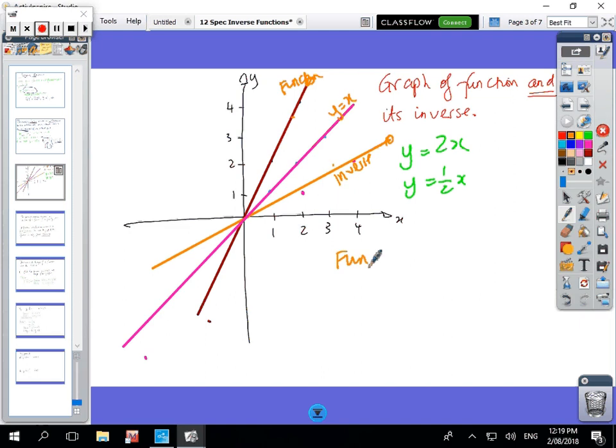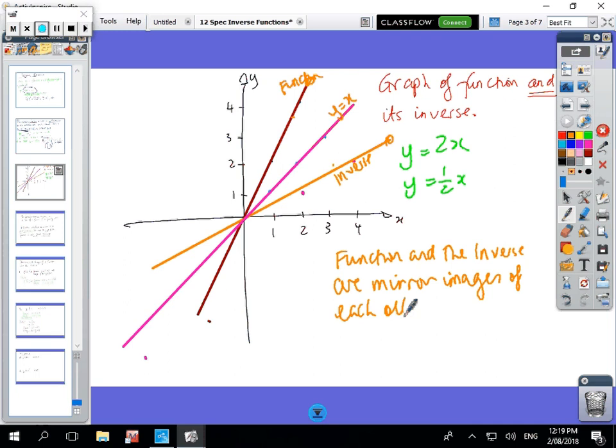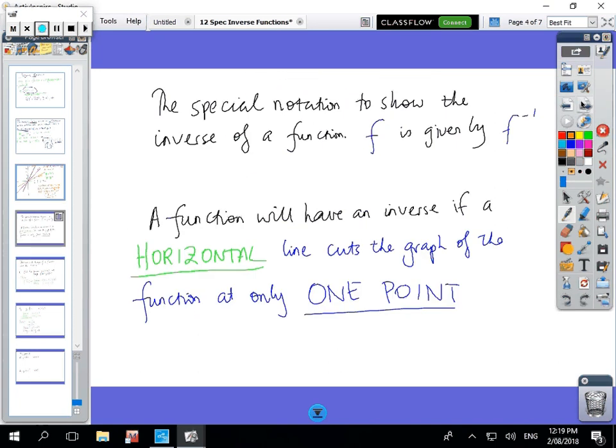So the function and the inverse are mirror images of each other in the line y equals x. And that's what we're going to find whenever we do inverses. Any inverse will have a mirror in y equals x.